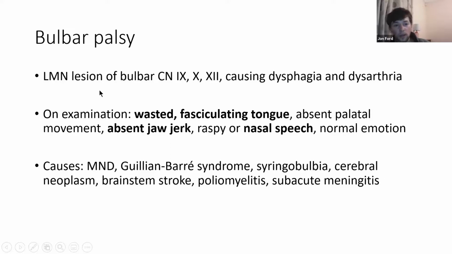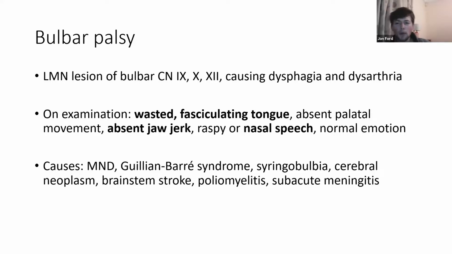So I'll just quickly cover bulbar versus pseudobulbar palsy. So bulbar palsy is a lower motor neuron lesion of the bulbar, or cranial nerves 9, 10, and 12, which cause dysphagia and dysarthria. On examination, it's worth remembering it's like thinking lower motor neuron versus upper motor neuron. You get a fasciculating, wasted tongue, reduced palatal movement, an absent jaw jerk, and a raspy or nasal speech.